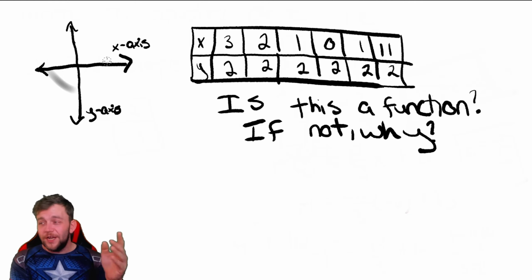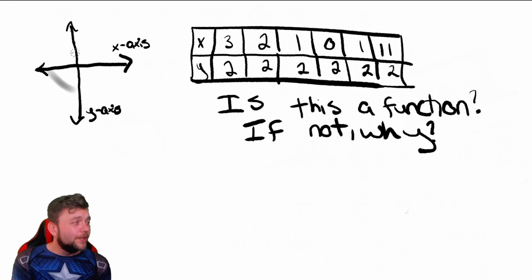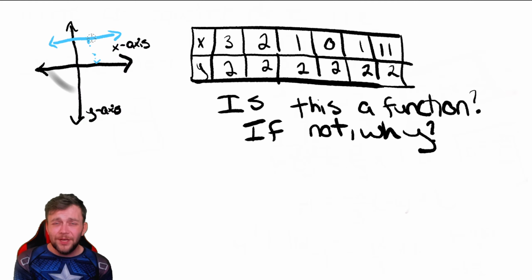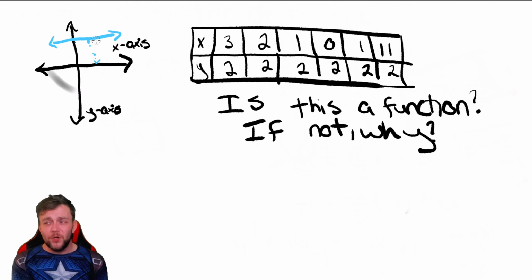So if you have all of the same Y values, what does that mean? It means that you have just a horizontal line, right? That it's parallel to your X-axis. It has the same slope, right? When you talk about slope, if something is parallel, that means it has the same slope. If it's perpendicular, you have an inverse slope.